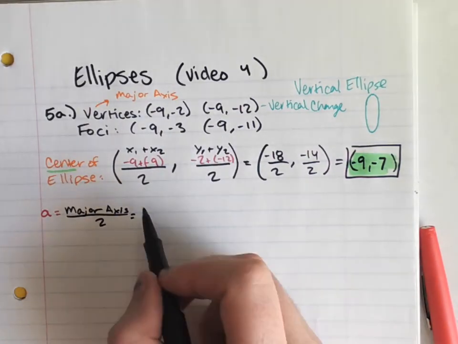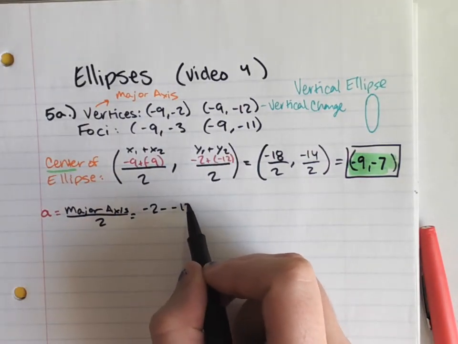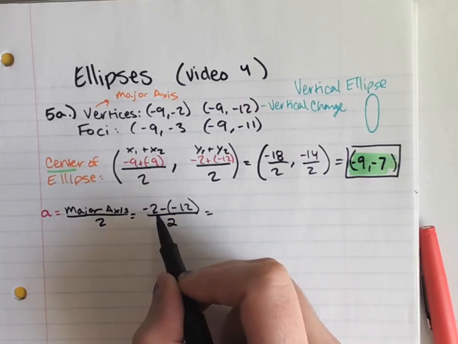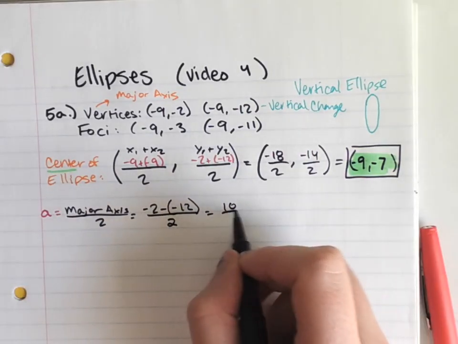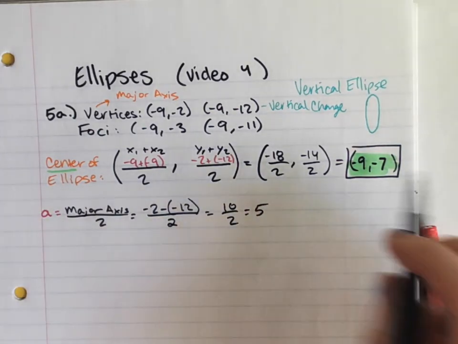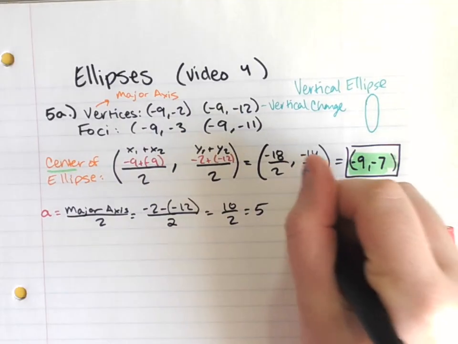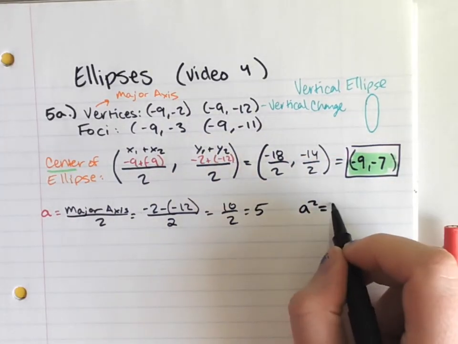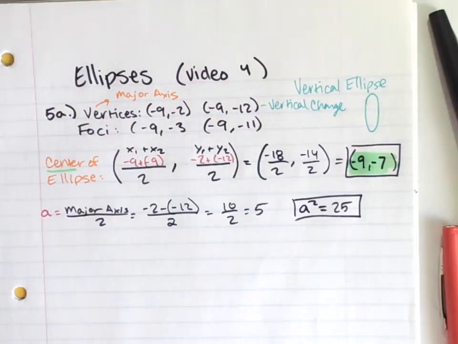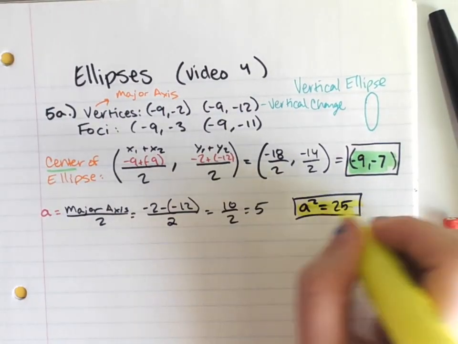So we're going to do -2 take away -12, cut that in half, so we get 10 over 2, which is 5. So if a equals 5, then a squared is going to be 25. Now I don't know where that 25 goes yet, but it's good to have.